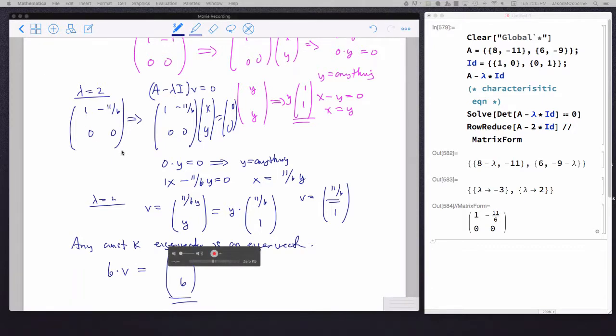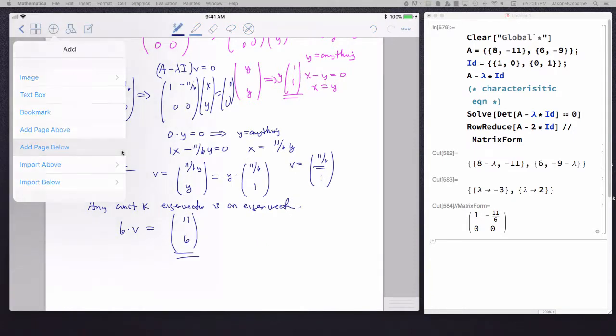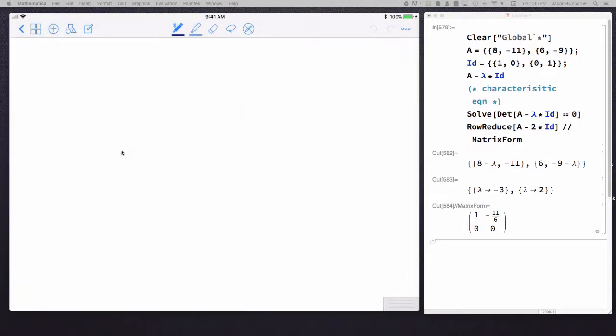Now that you know your straight line solutions, we have two, y1 and y2. y1 came out to be e to the -3t, e to the -3t.